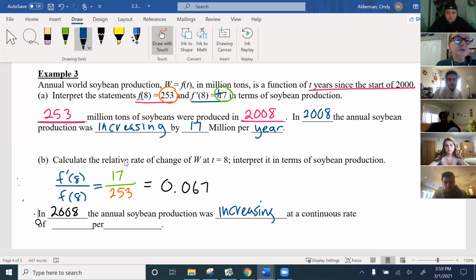At a continuous rate of, what do you think the rate is? We just got the rate, right?